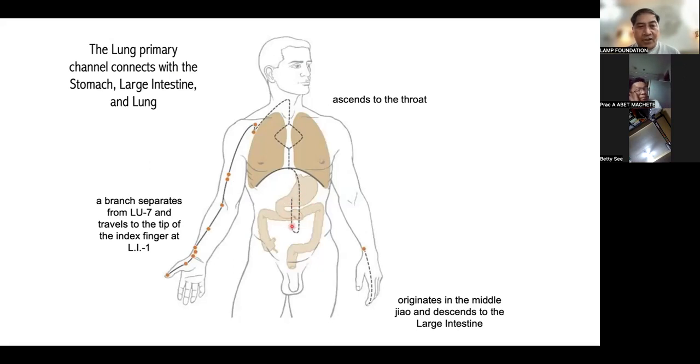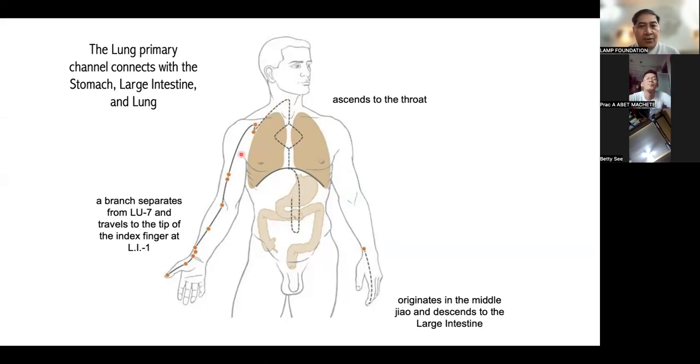See, it goes downward. Can you follow? Then returning upward, it crosses the diaphragm and enters the associated organ, which is the lung. Emerging transversely from an area between the lung and the throat, it descends along the anterior aspect of the upper arm.